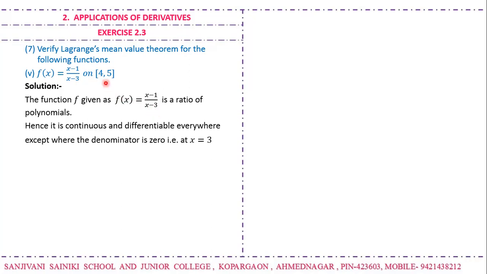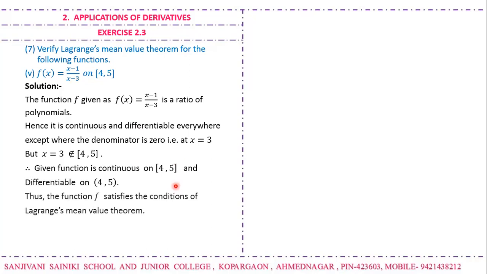And if you see the interval, that interval doesn't contain 3. So this function does not have any problem at x is equal to 3. So the ratio of polynomial functions is continuous everywhere and differentiable everywhere except 3. But 3 doesn't belong to this interval, so the given function does not have any problem. So it satisfies the Lagrange's mean value theorem conditions.